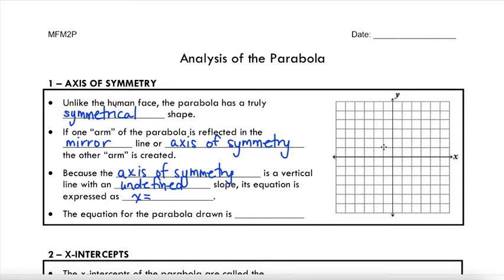So if I was to draw a random parabola, let's say it's about right here, and I was to draw in my axis of symmetry, I'll do it in a different color. So this is my axis of symmetry right here.